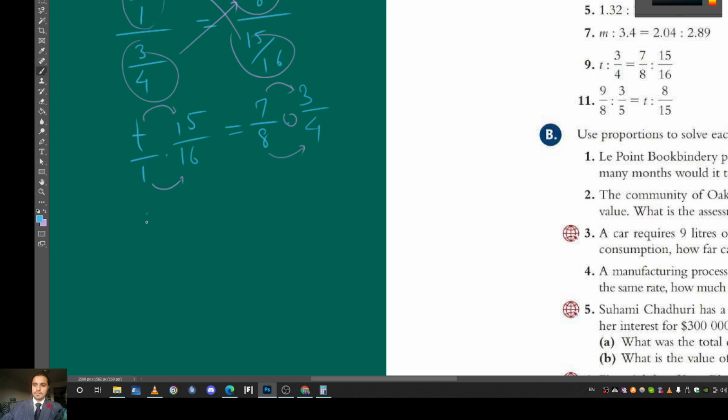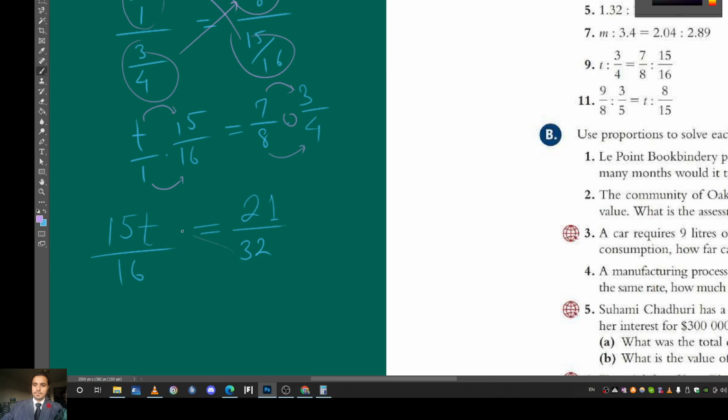So t times 15 is 15t, and 16 times 1 is 16, equals 7 times 3 is 21, over 8 times 4 is 32. Boom. So we got that much.